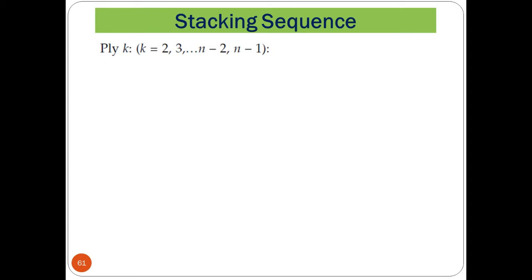Now for ply k, it varies from 2, 3 up to n minus 1. Now for ply k minus 1, h k minus 1 equals minus h by 2 plus summation from 1 to k minus 1 of small t, where small t is the thickness, for the top surface.